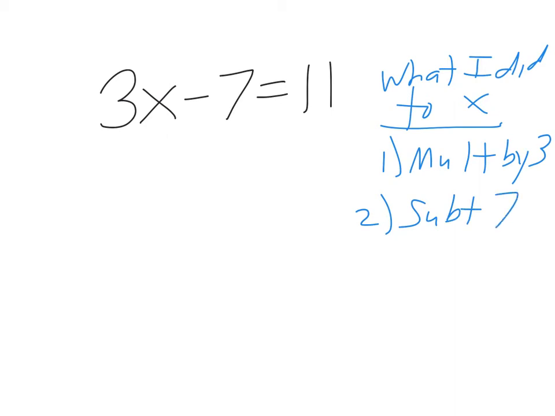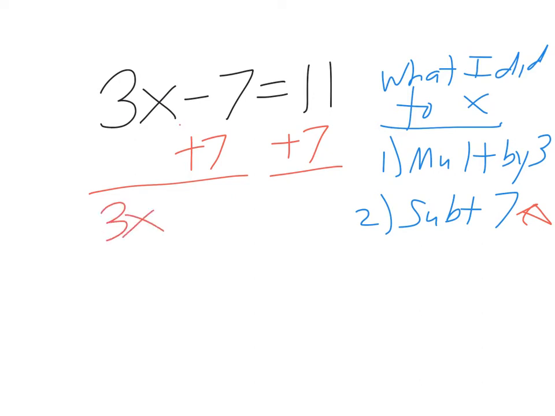So to undo that, I'm going to do this subtracting of 7 first. And to undo a subtracting of 7, I'm going to add 7. And I'll do that to both sides. So nothing to the 3x. The negative 7 and the positive 7 cancel out, equals 18.